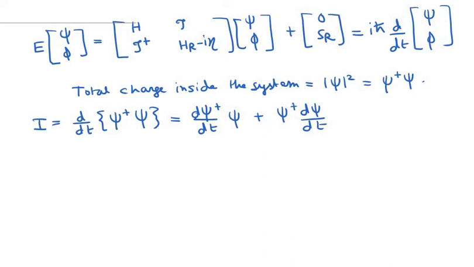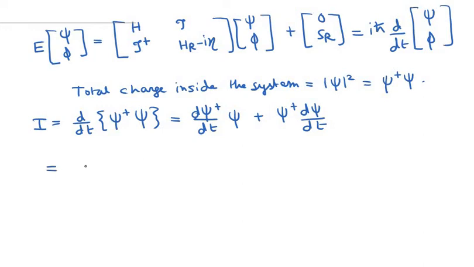Now to proceed from here, to go further beyond the terms d psi dagger/dt and d psi/dt, what we do is we use this equation for d psi/dt, the left hand side of our equation. We just replace it here.